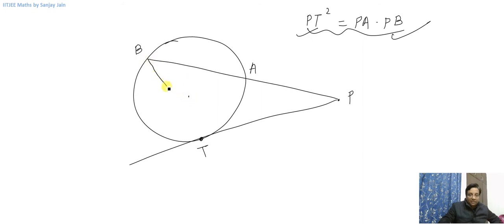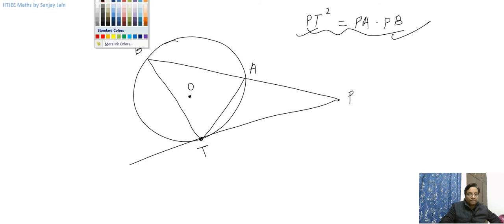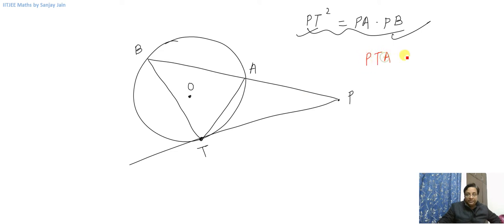Let us join B with T, A with T, and let this be the center of this circle. Now let us say I focus on these two triangles PTA and PBT.